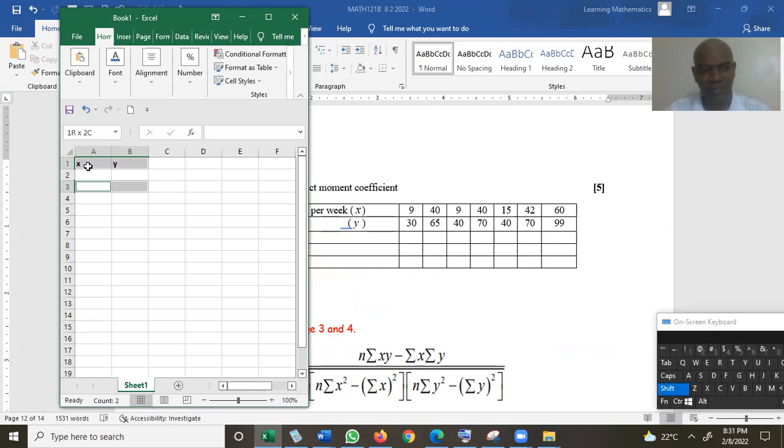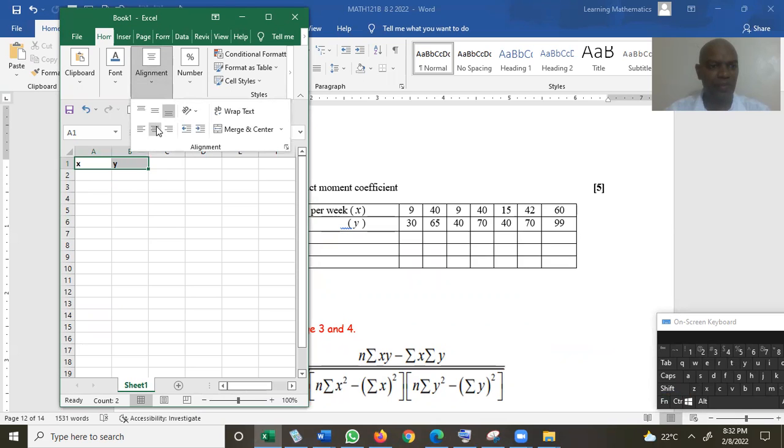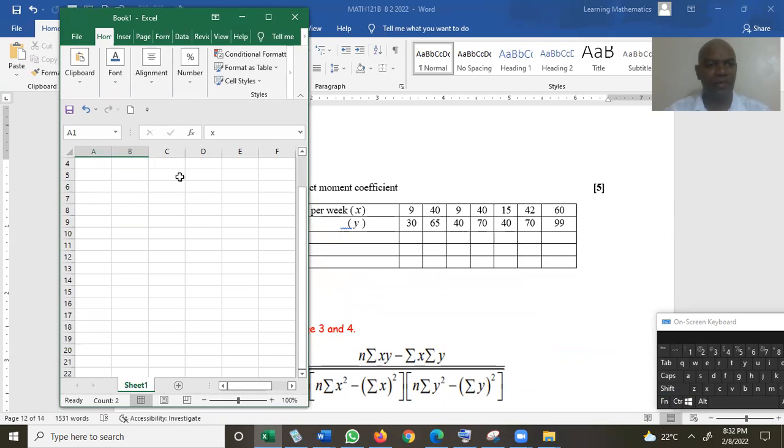We suspect that there is a relationship between hours of study and score. This relationship can be measured using a device called Spearman's, which we did already, or using another device called Pearson's product moment. This is what we are doing now.